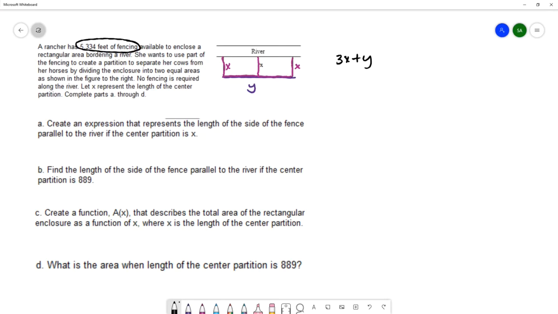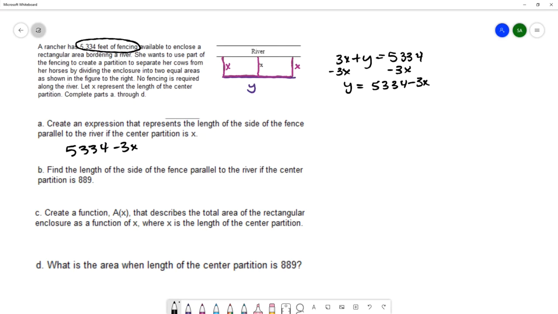So I know that the sum of those will equal 5,334. I can solve for y in terms of x by subtracting 3x on both sides. I have y equals 5,334 minus 3x. And this is the expression that represents the side that's parallel to the river.